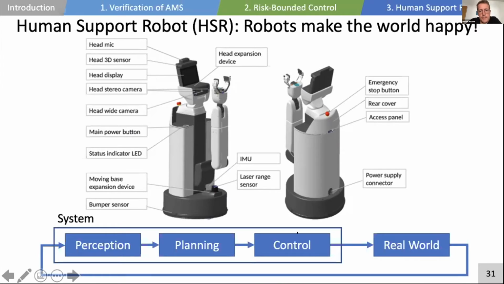It has laser range sensors, an IMU, and bumper sensors, etc. There's an emergency stop button, an access panel, and so on. I think it gives you a good platform to put a lot of the components that we discussed in this presentation into an autonomous mobile system.